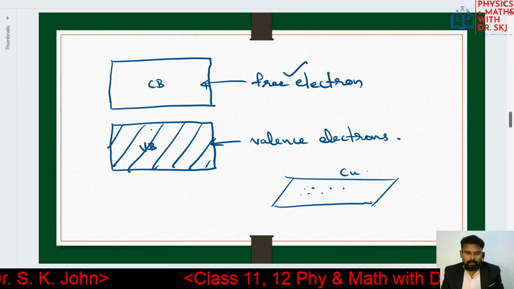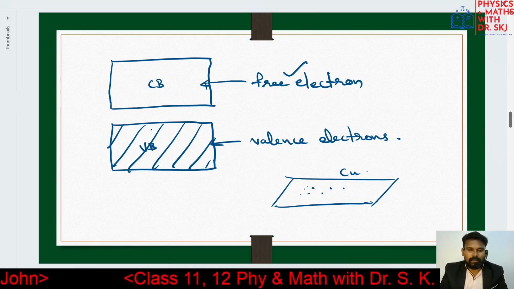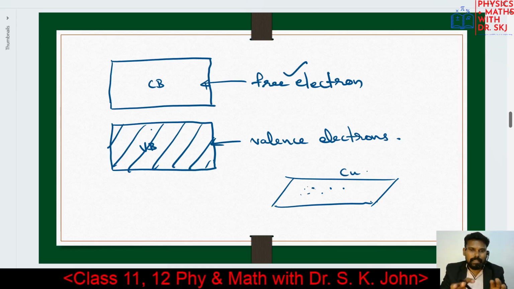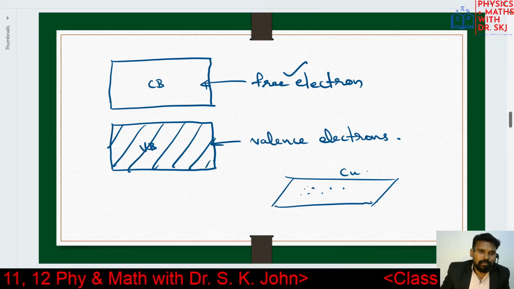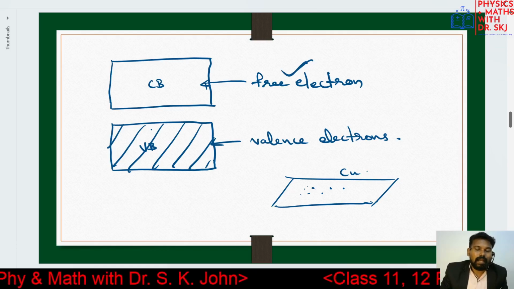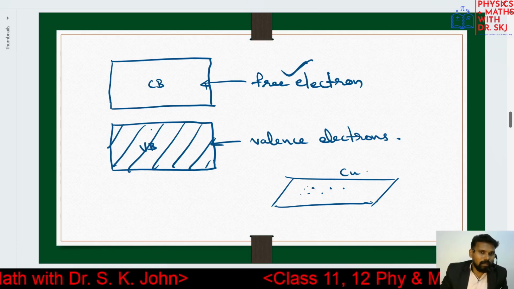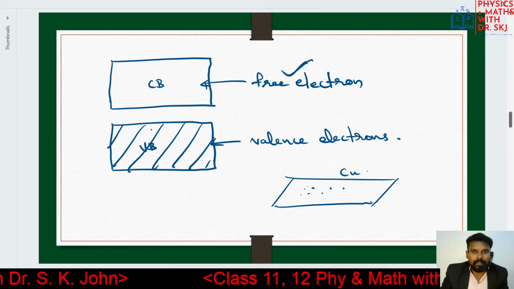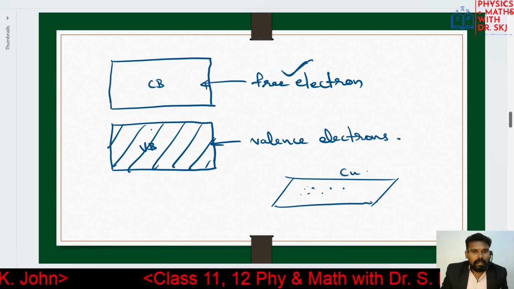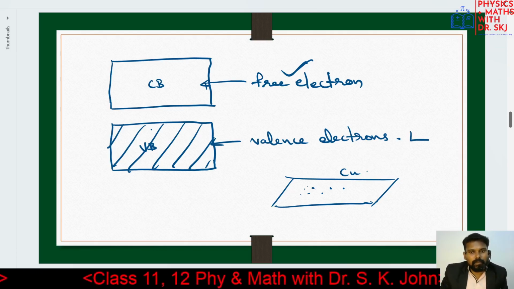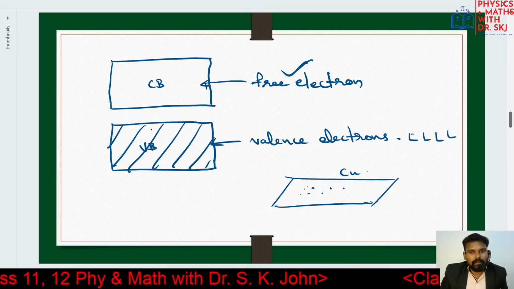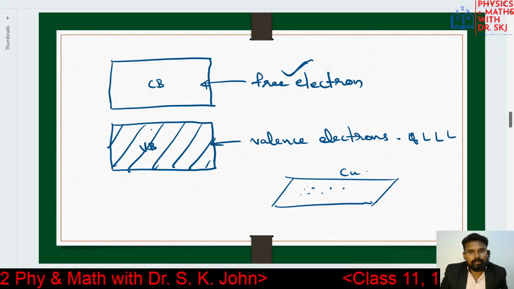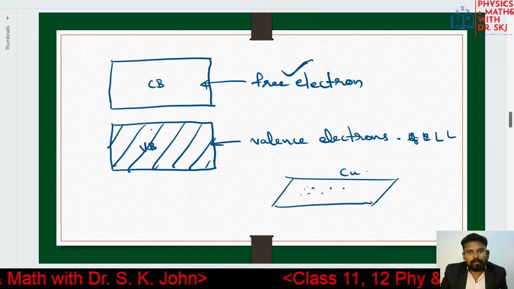Free electrons can be compared to those who are standing inside a bus, and the valence electrons can be compared to those who are sitting in seats. They have seats.